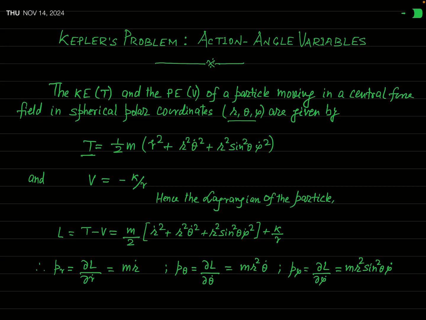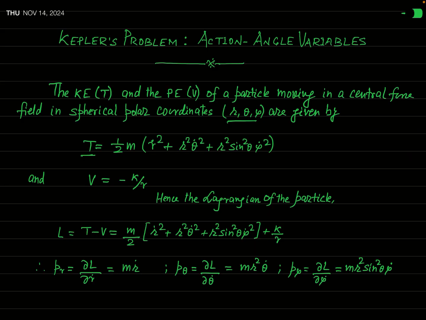In fact, motion in a central force field takes place in a plane, and the two coordinates r and theta are sufficient to discuss the motion. But for getting the general result, I am talking in terms of all three spherical polar coordinates r, theta and phi.